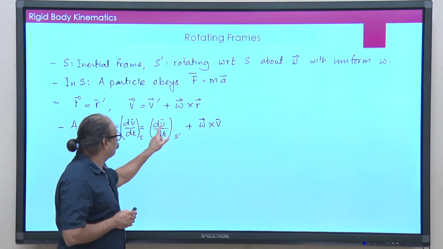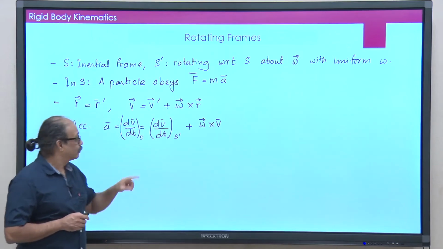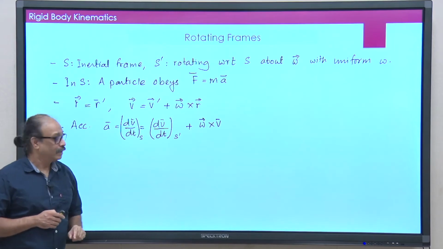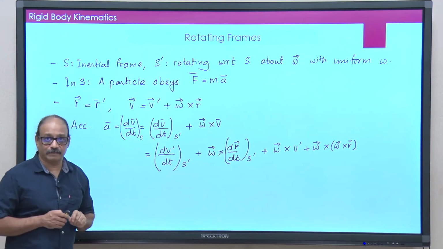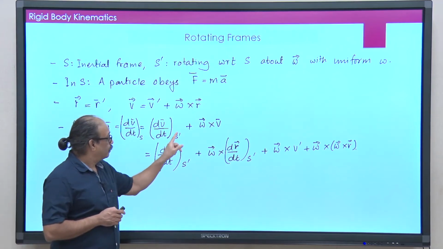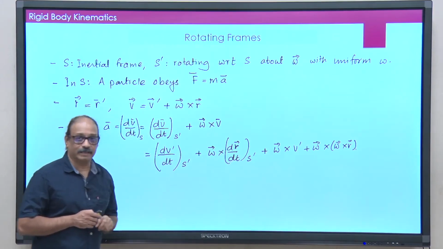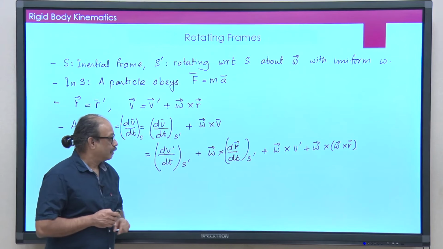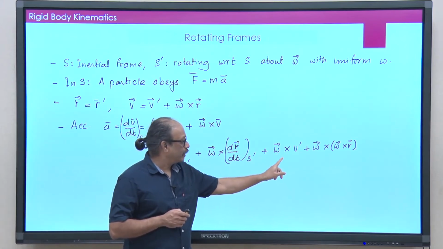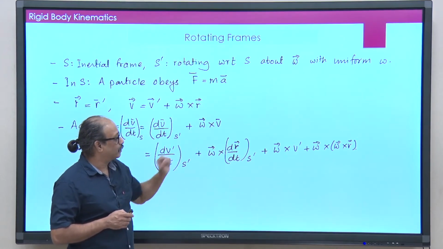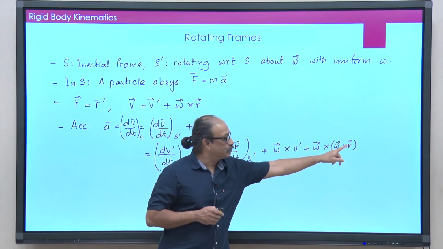Okay. But I know v vector is v prime plus omega cross r. So, let me substitute that here, and when I substitute that here, I will get dv prime by dt seen from S prime then omega cross dr by dt seen from S prime, that is basically v prime, and here omega cross v prime, that is basically omega cross v prime, and there is a omega cross, remember v was v prime plus omega cross r.